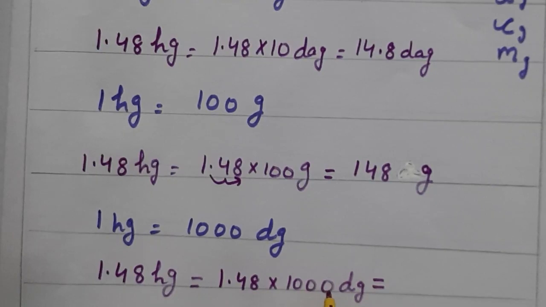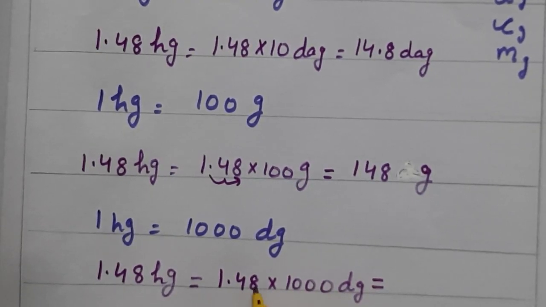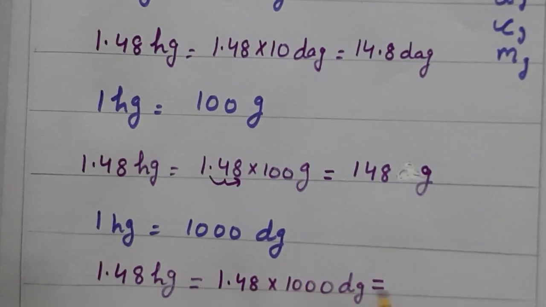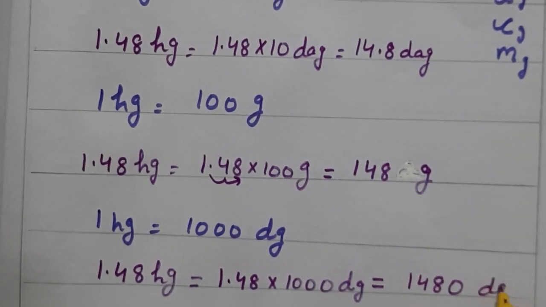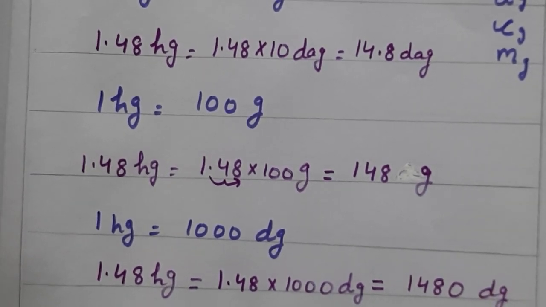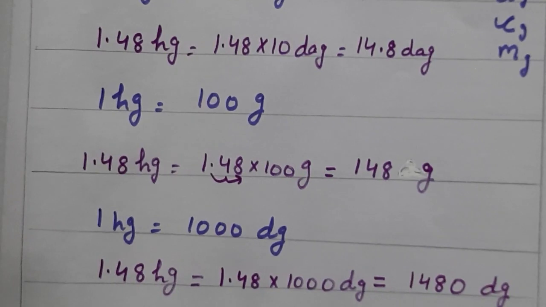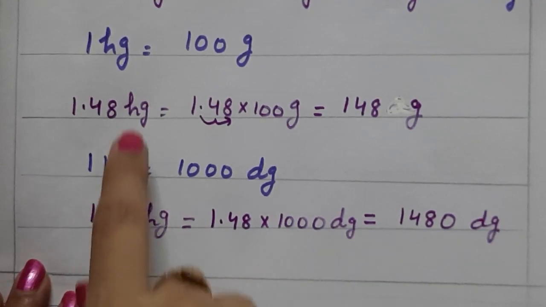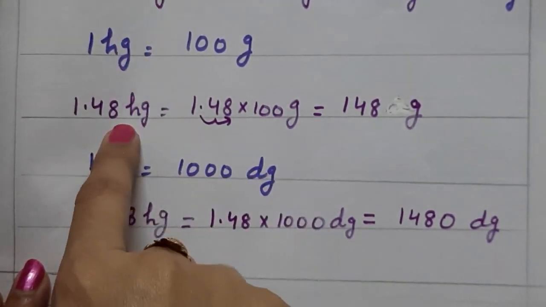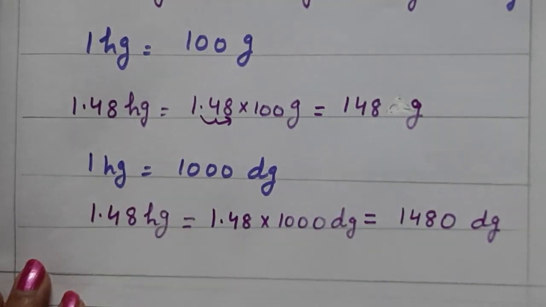Now 3 zeros are there in 1000, 3 steps forward. But we have 2 digits, 1, 4, 8. Now 1 zero we are going to add. Decigram. So what is our answer? 1480 decigram. In this way, after writing the formulas, you can write down the given terms. Whatever terms are given to you, convert them.